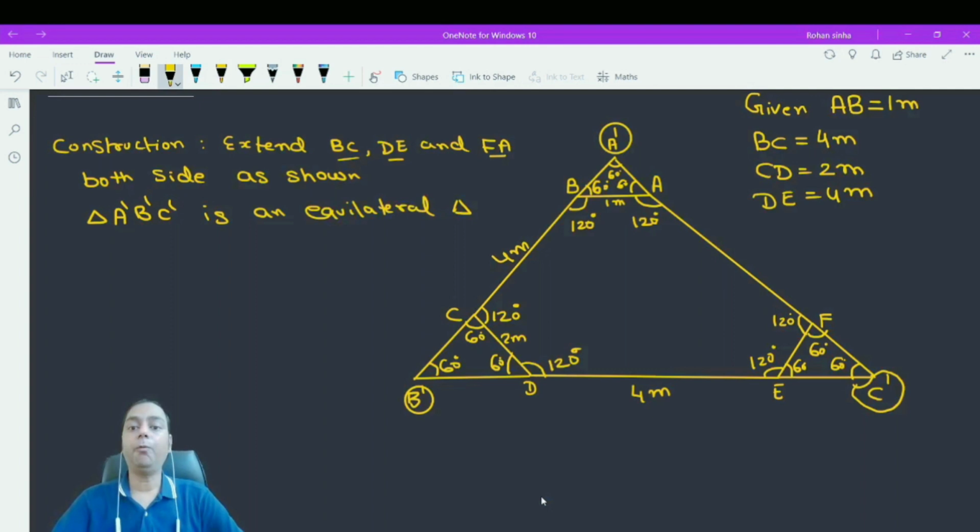Now what we need to find? We need to find the area of hexagon ABCDEF.